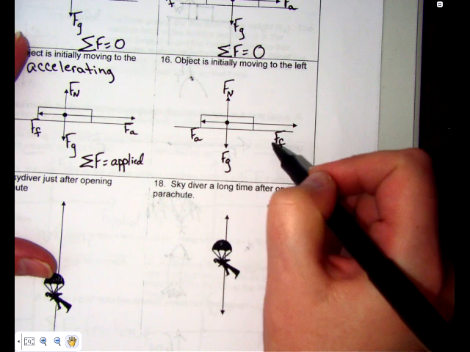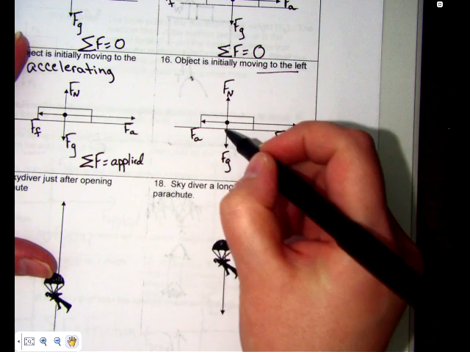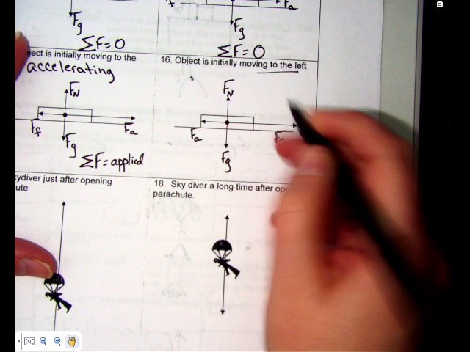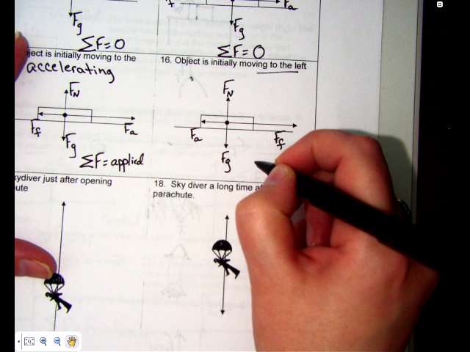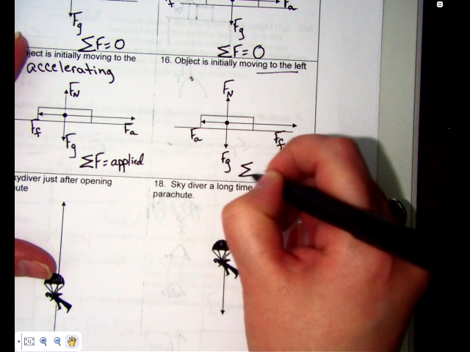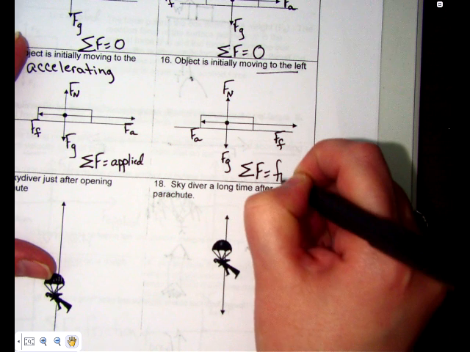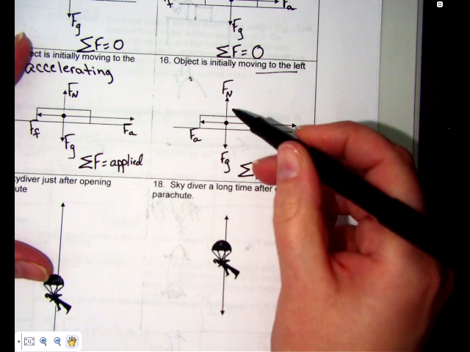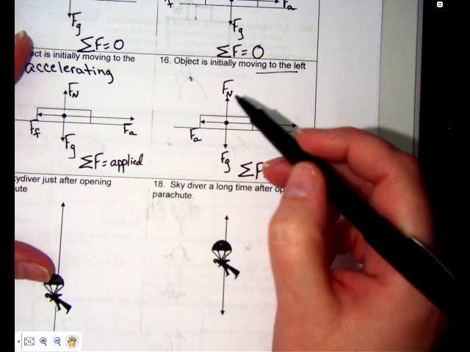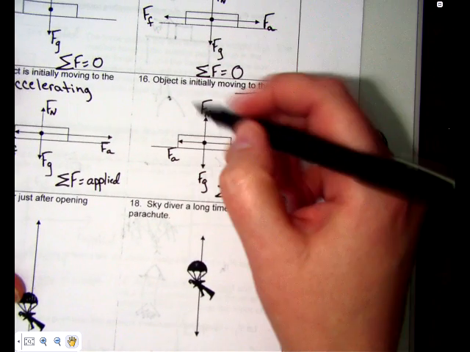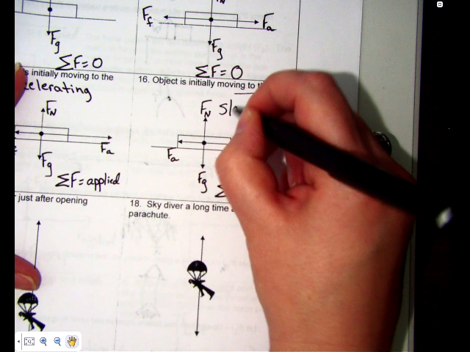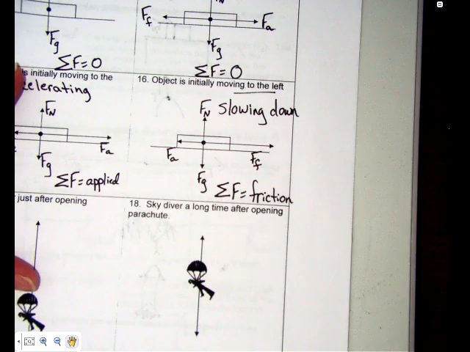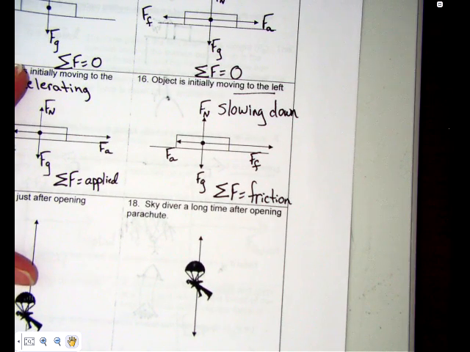Okay, so now because it said it was moving to the left, our applied force is this way, and the line going this direction is the frictional force, so our net force is equal to the friction, and the frictional force is greater, so now the object is slowing down because friction is taking over the amount of the applied force.